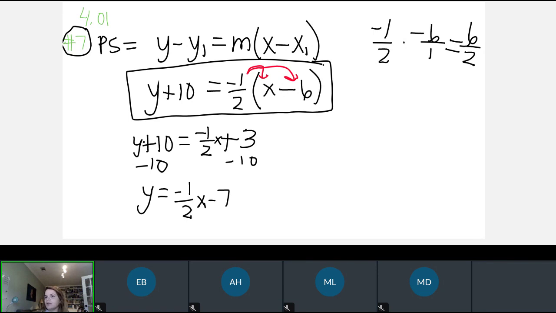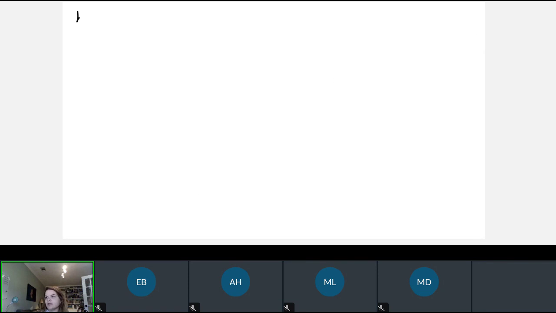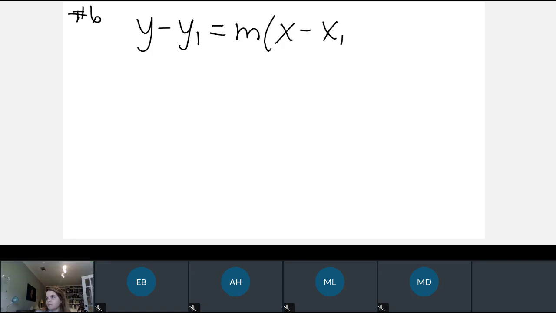Okay, so let's everybody look at slide number 6 real quick. When it asks you for the point from point slope form, remember, let's say I plug in the point 1, 2. Let's just pretend this is an example, but this will help you answer number 6. So this is my x1 and this is my y1.